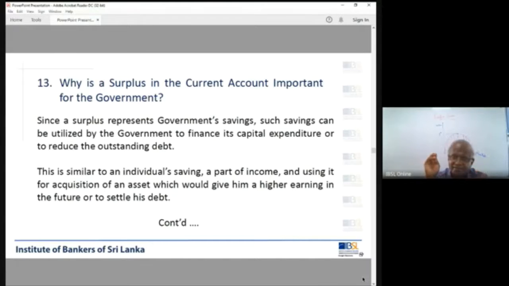Like that, even the government can do. If they have savings in the current account, either they can invest, finance the capital expenditure, or they can settle, reduce the outstanding debt, or the government can buy some financial assets. If they have savings, you can buy bonds issued by the US government, the Fed.